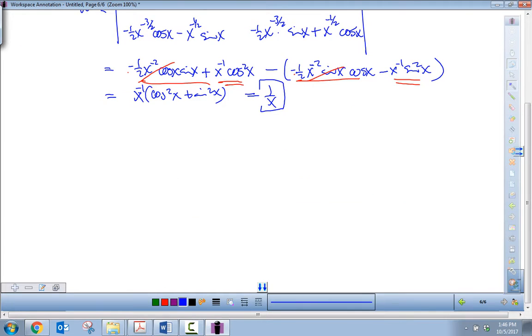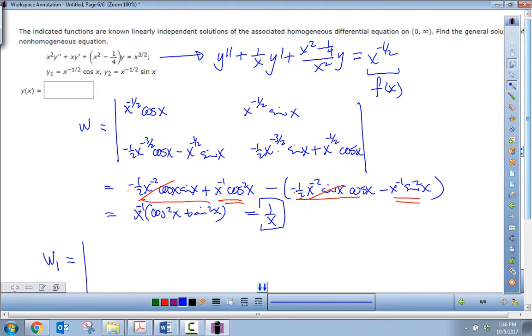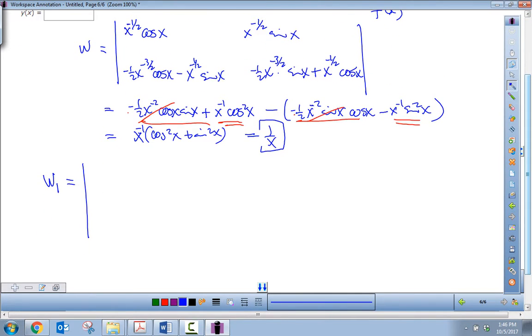Now we need to figure out our W1. Our W1 will have, so this is where the x to the negative 1/2 comes in. And then the second column stays the same. So we have x to the negative 1/2 sine x.